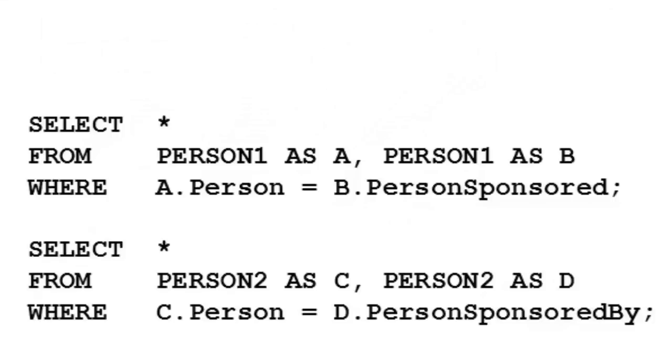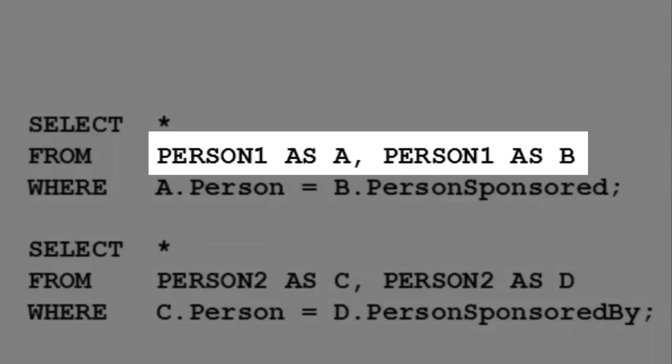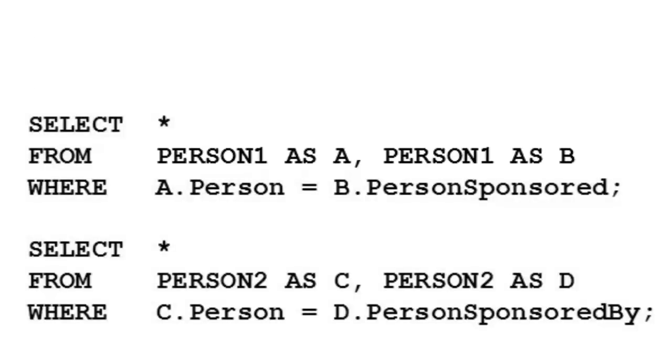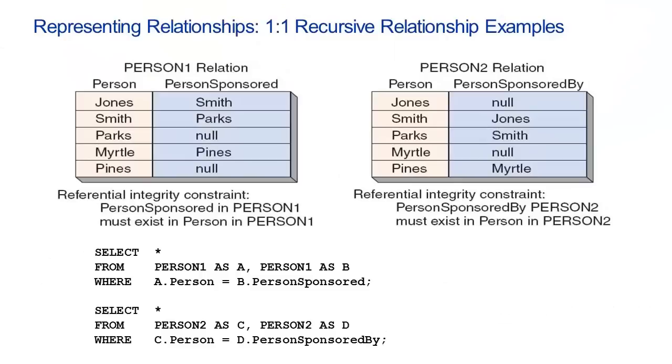Broadly speaking, the strategy involves joining the table to itself in order to extract the information that we want. So we see in these examples here, we are referencing the same table twice, each time giving the table a different alias. And this approach allows us to join the table to itself.